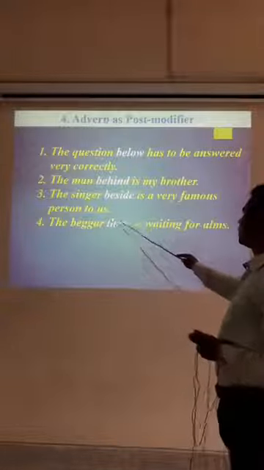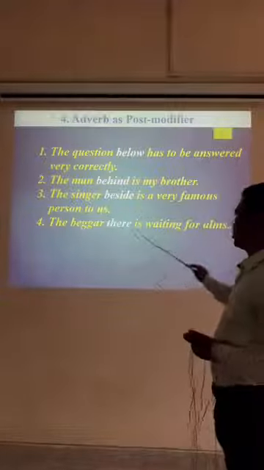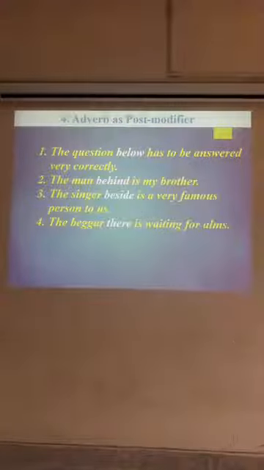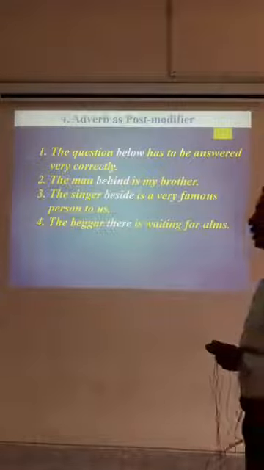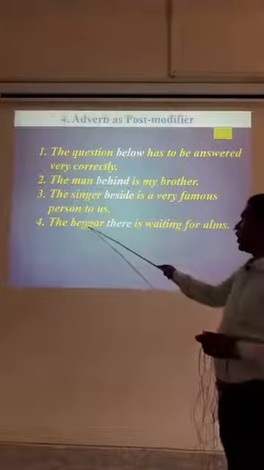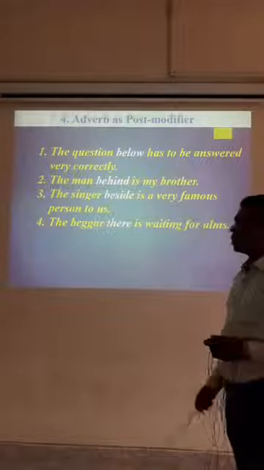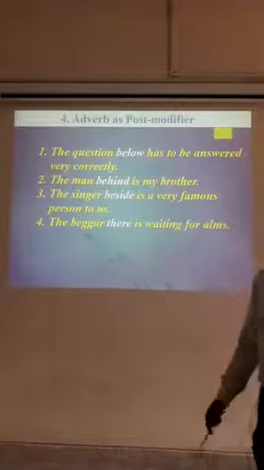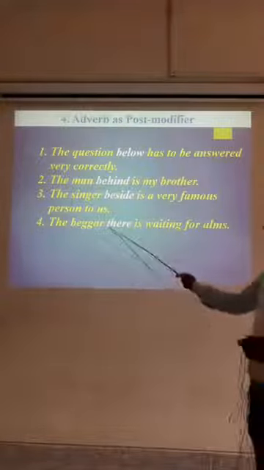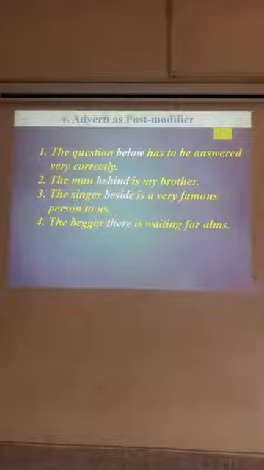So it is used there as post modifier in this sentence. That means "there" indicates the position of the word beggar. So it is an adverb used here as post modifier.